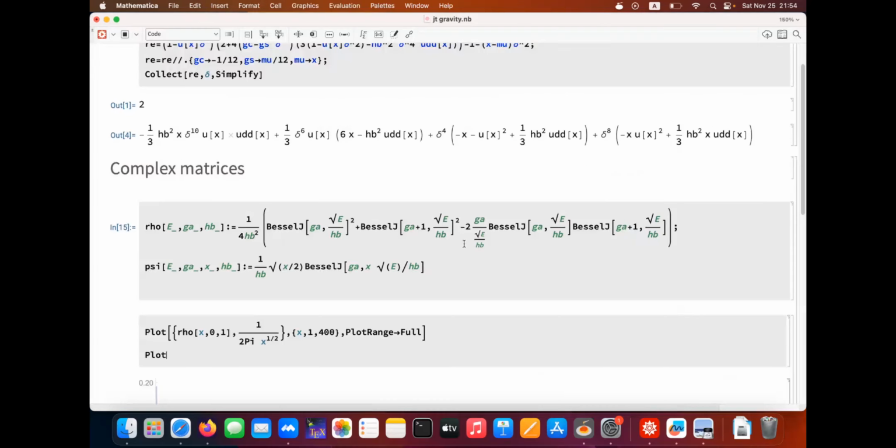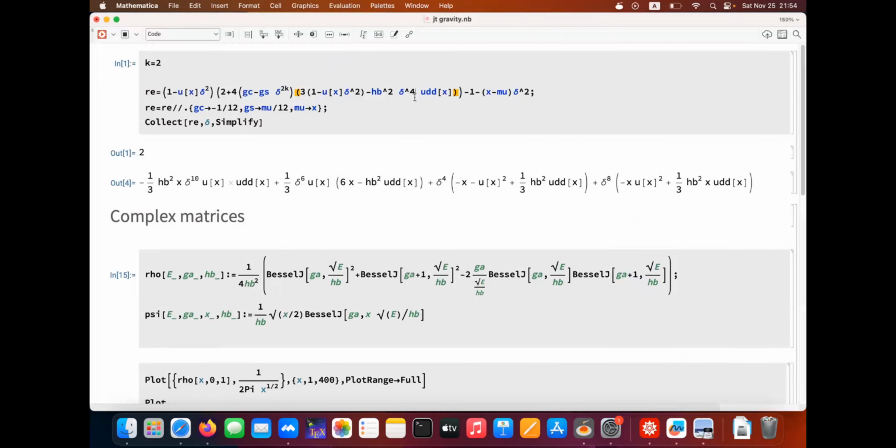I used Mathematica. But I found that we need to do the shift where mu goes to x, then this goes to 0. It gives the right equation. But I don't know why we need to do this shift. And just now I think that we cannot take g_c to be a constant.